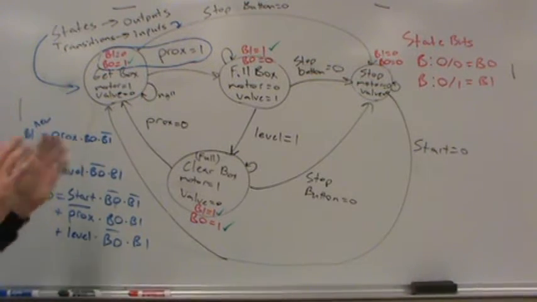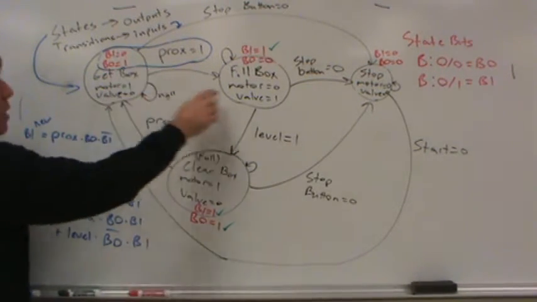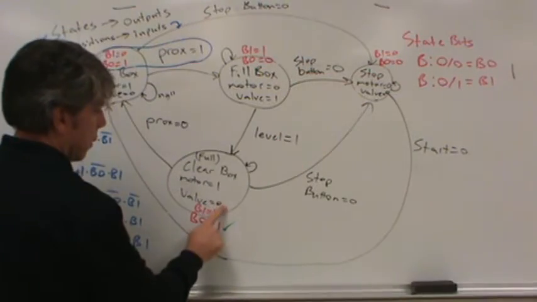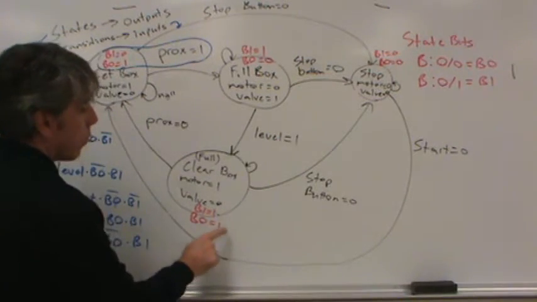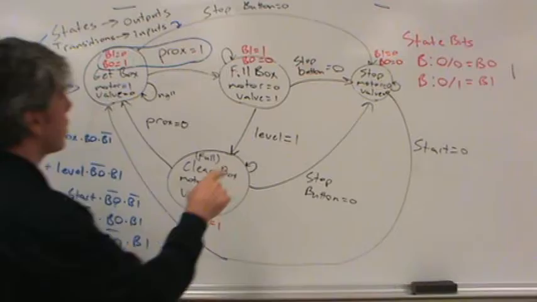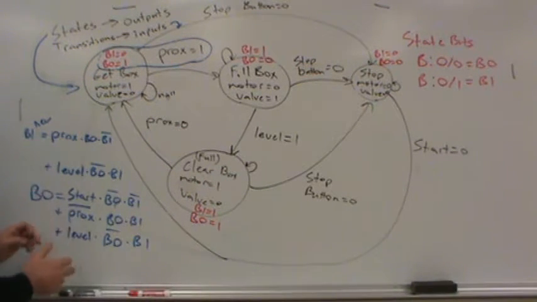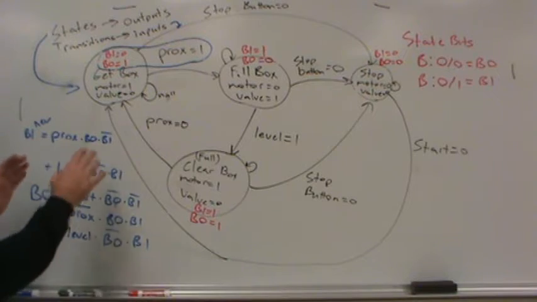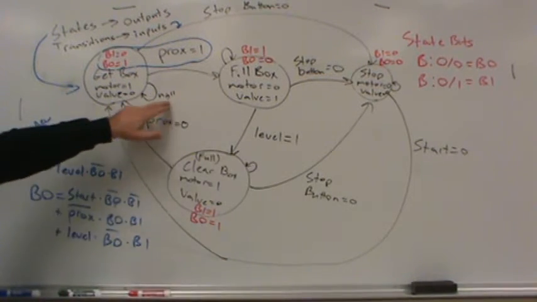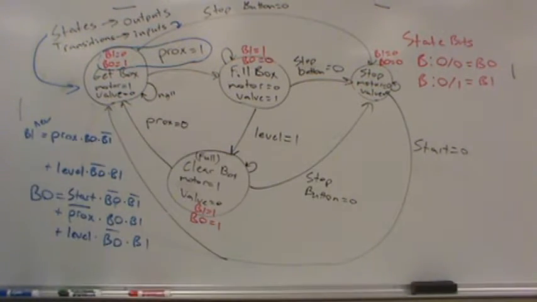Okay? So we're not quite done calculating the ones. All we've done is calculate the ones from the transitions. Notice how all of these have prox level start, prox see. So all we've done is taken care of the transitions. Now we have to program all the null transitions. Okay? So let's think about that for a minute.